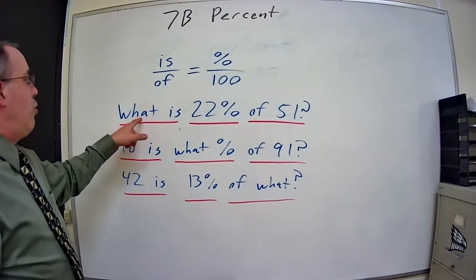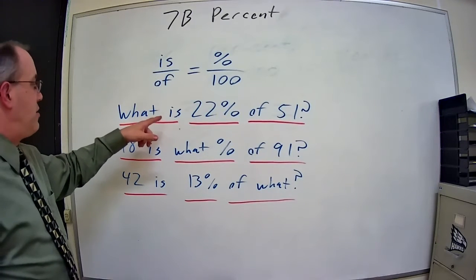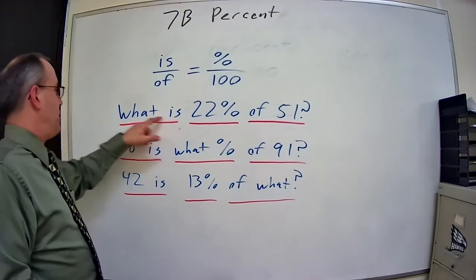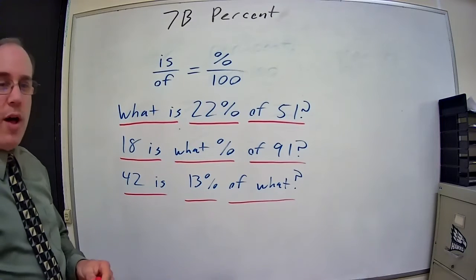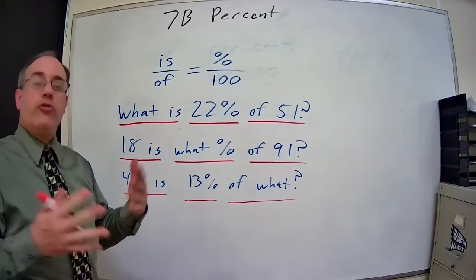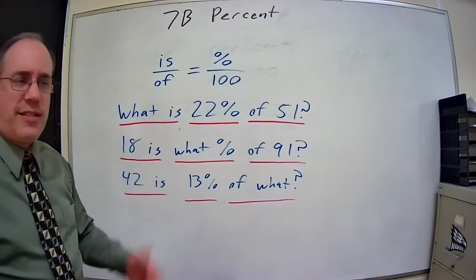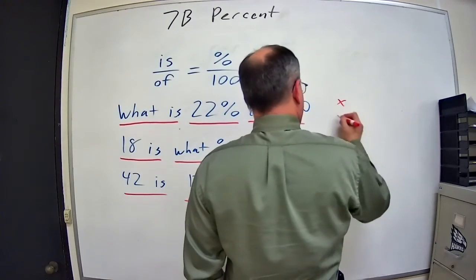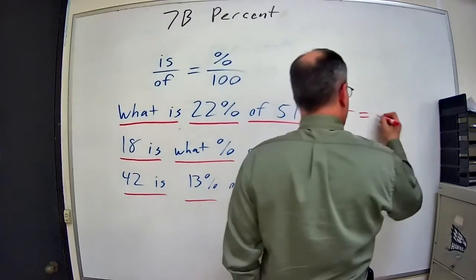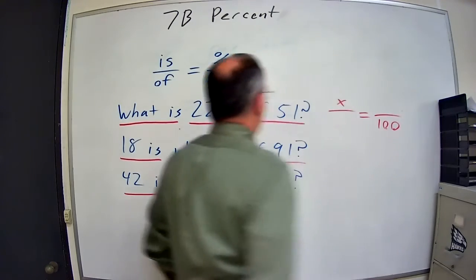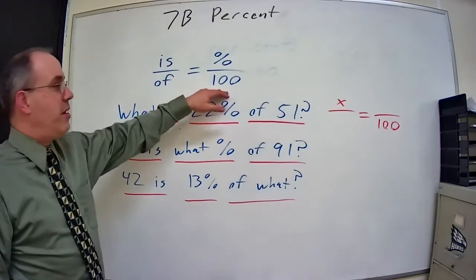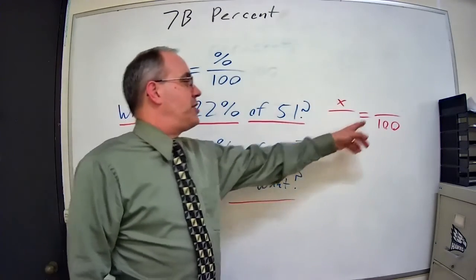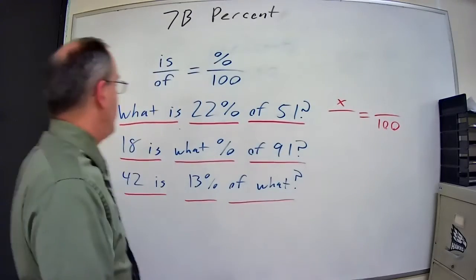So if I look at this first one, what is? That means where we have is, we'll fill that in with what? Well, we don't know what is, so we're just going to use x. It's a variable. So we say x is, and we know there's always the 100 there. And we're doing is over of is equal to percent over 100.